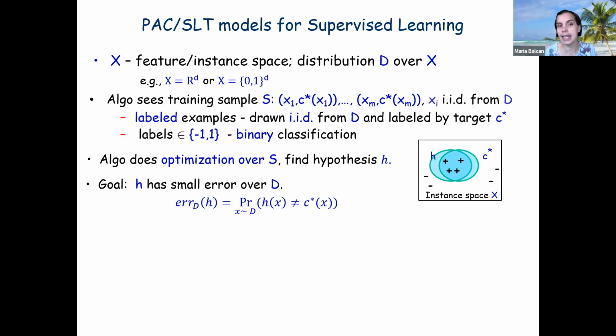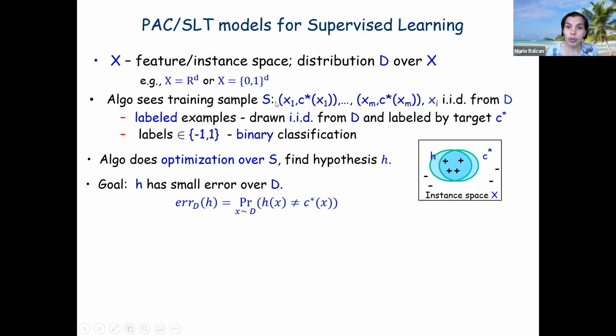In these models, we assume that we have some instance space and a distribution over the instance space. This is a fixed unknown distribution, and both the training examples and the test examples will come from this distribution.